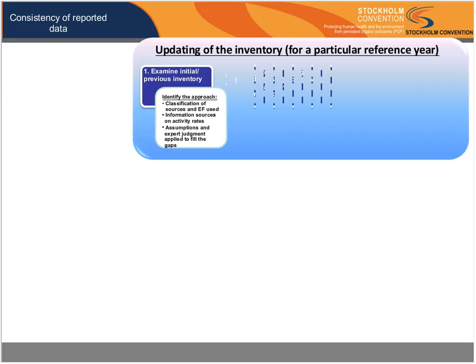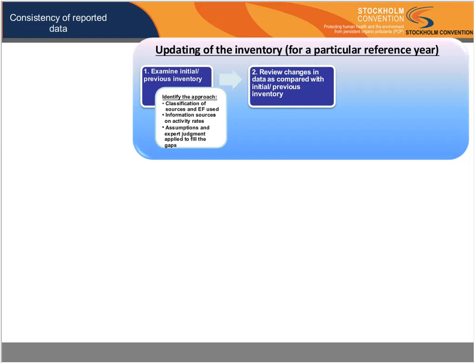This is of course very important, because if you want to calculate the updates of the inventories, the methodology should remain the same so that the consistency of the inventory is maintained.